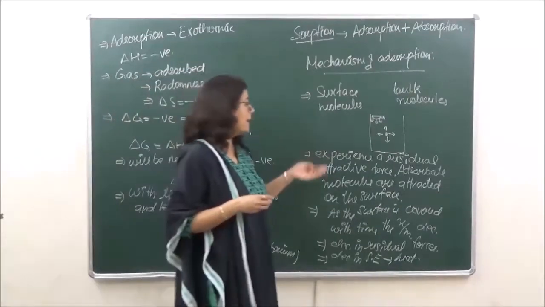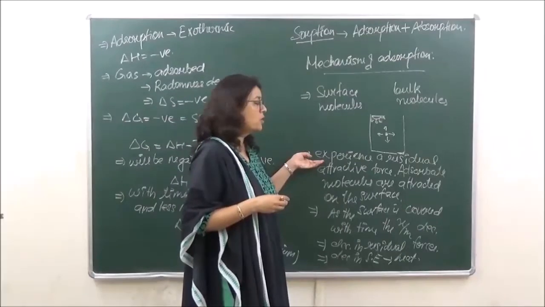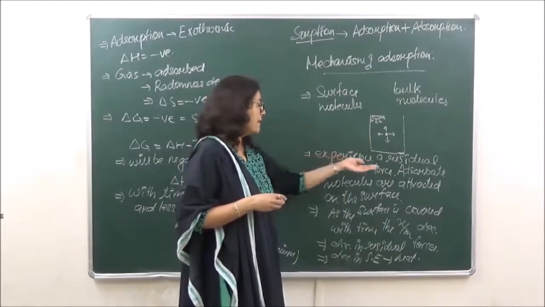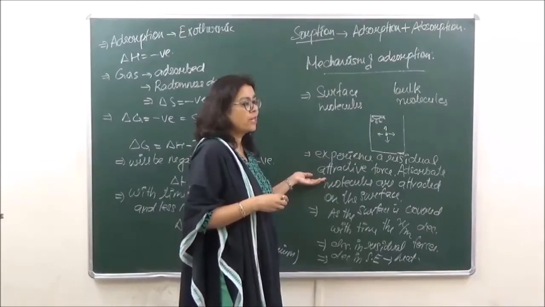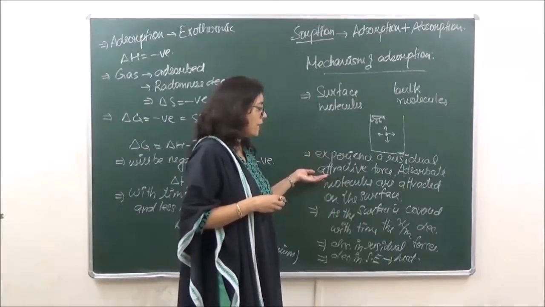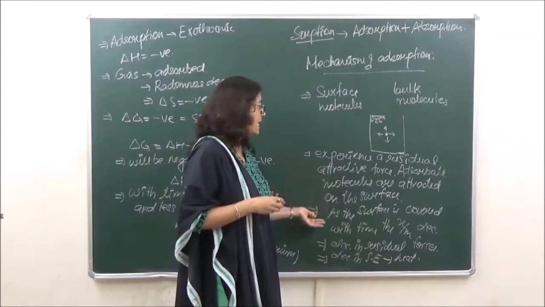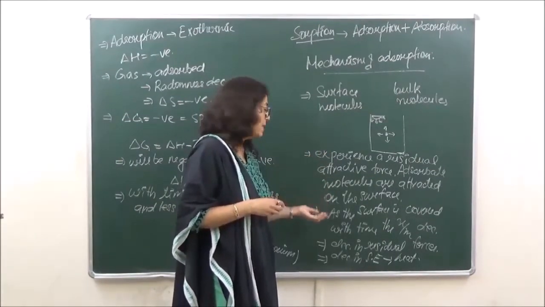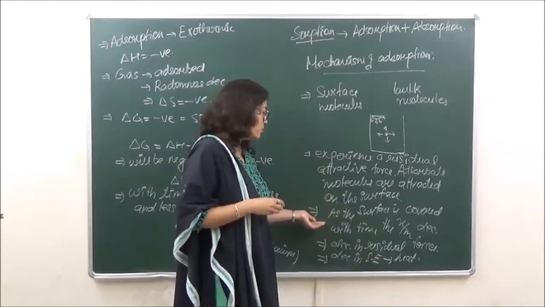So because of that, there are certain residual forces formed over here, which are going to be attractive in nature. Because of the attraction of these molecules, they can easily attract the gas molecules onto the surface, right? So that is known as what?